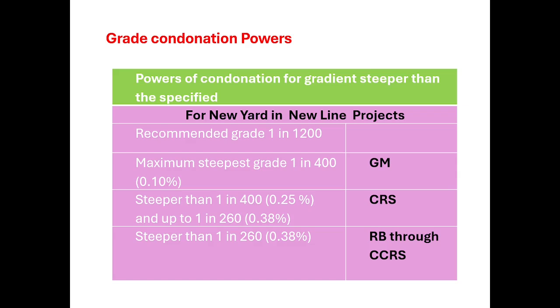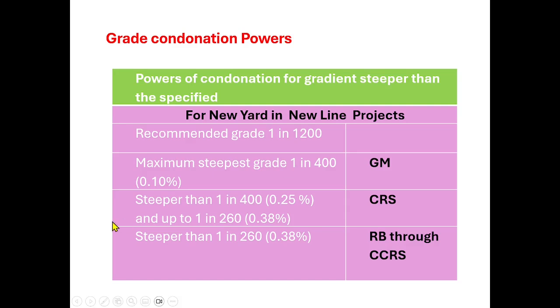For steeper than 1 in 400, up to 1 in 260, we take approval from CRS, with many conditions that should be fulfilled. For steeper than 260, the proposal has to be submitted to the Railway Board, and approval is accorded through the Chief Commissioner of Railway Safety.